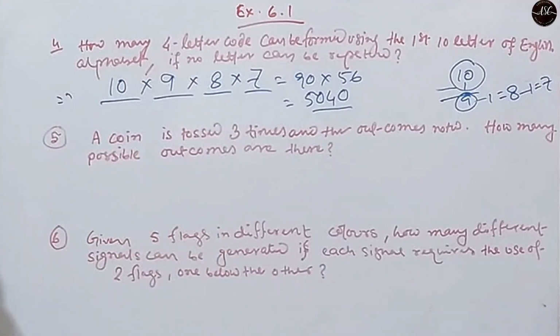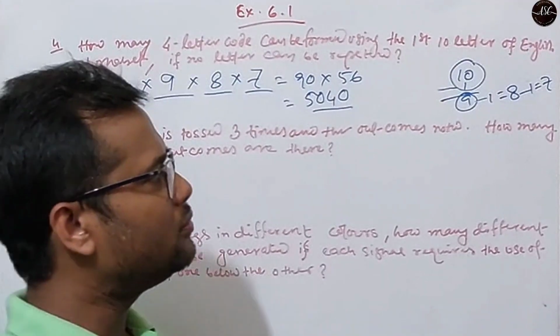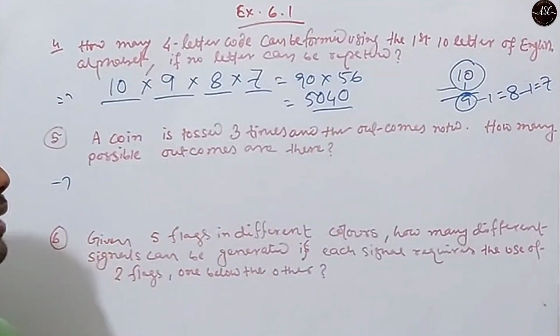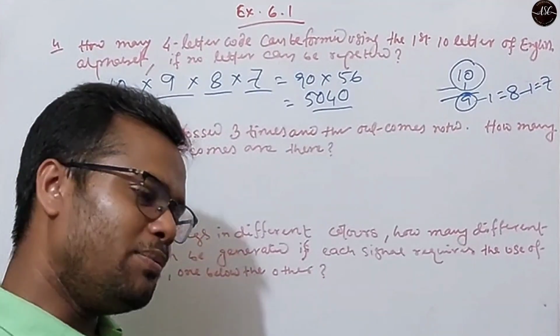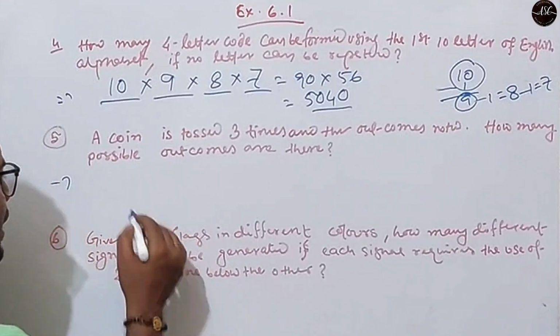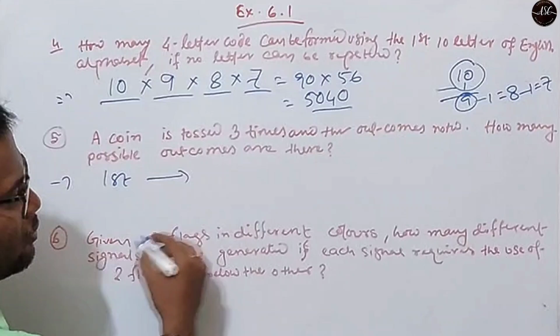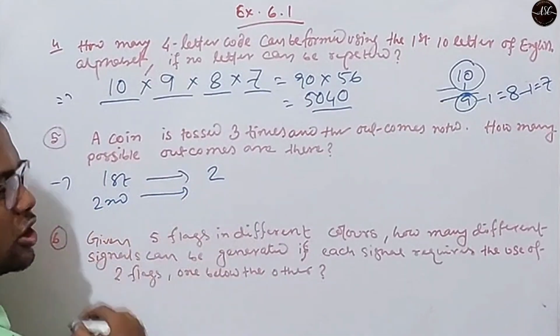Okay, this question. A coin is tossed 3 times and the outcome is noted. How many possible outcomes are there? If we toss a coin, there are 2 outcomes: tail or head. So for the first time, possible outcomes are 2. For the second time, possible outcomes are 2.